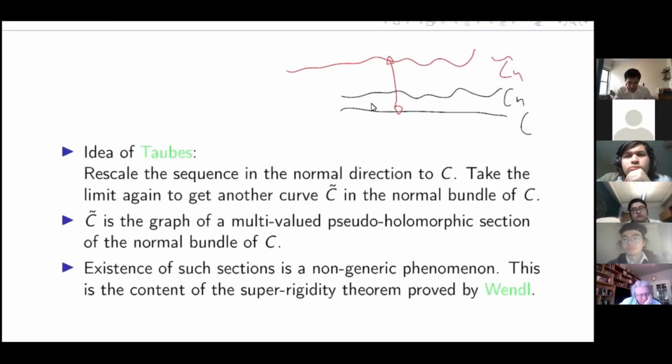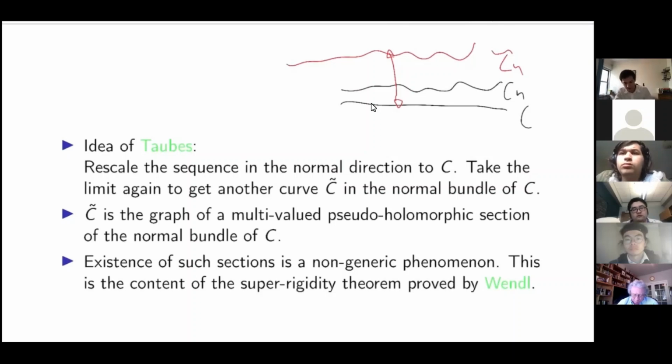For the sake of the argument, let's just assume that after rescaling, I get a single curve C twiddle. That curve C twiddle is different from C, because the Hausdorff distance of the support of this curve to that curve is 1, since that was the Hausdorff distance of the rescaled sequence.